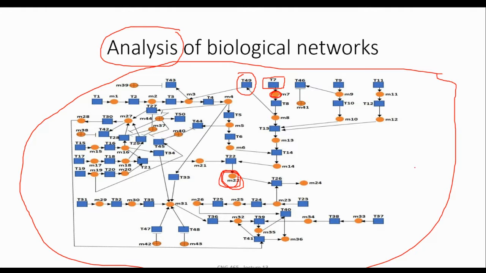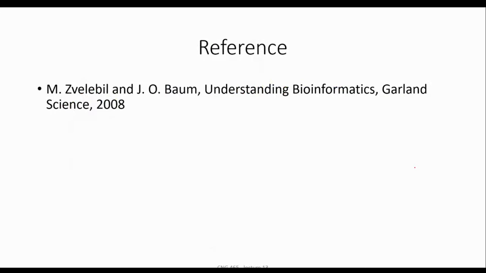So computational and mathematical models can be very useful for describing biological networks. And next week, I'm going to talk about different mathematical or computational methods that we can use for describing and analyzing biological networks. Okay, guys, if you have any questions, please let me know.